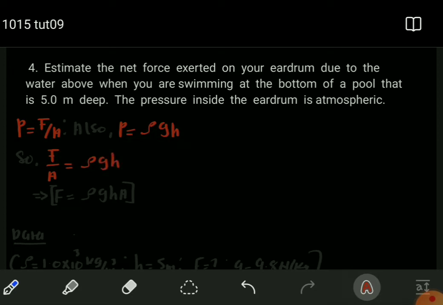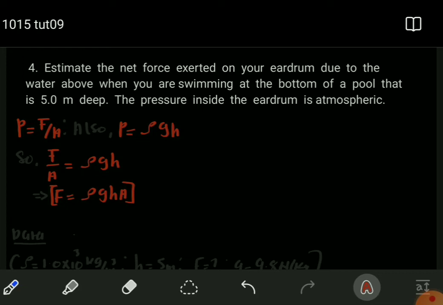Therefore we work out an expression for the force from this. We come up with force equals rho g h times the area. Now this area is the area of your eardrum, because we want to determine the force exerted on this particular eardrum, so we have to work with the surface area of the eardrum.